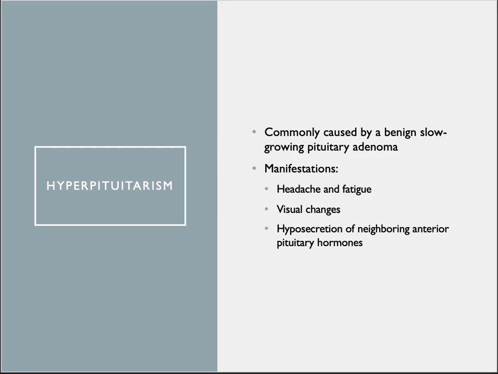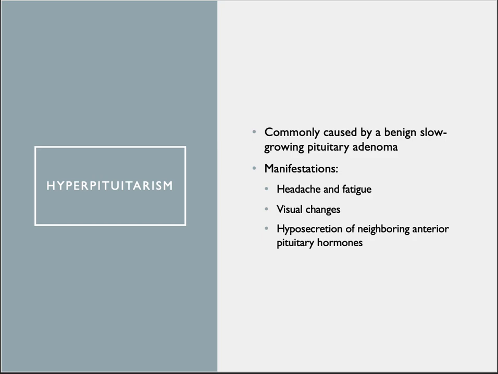All right, hyperpituitarism. This is where your pituitary gland is overactive. And a lot of times this is caused by a pituitary tumor. Now, these pituitary tumors are usually benign, but your patient may complain of a headache and tiredness. They may also have visual changes because regardless of whether it's benign or not, it's still a tumor in your brain. And so what happens is that your pituitary gland then starts to secrete some extra hormones.